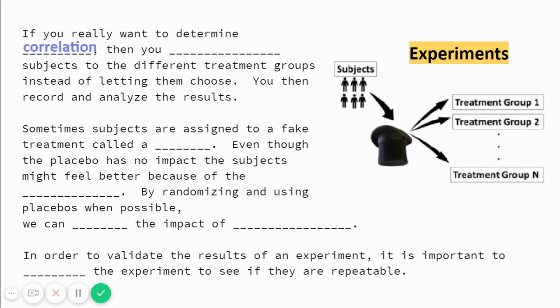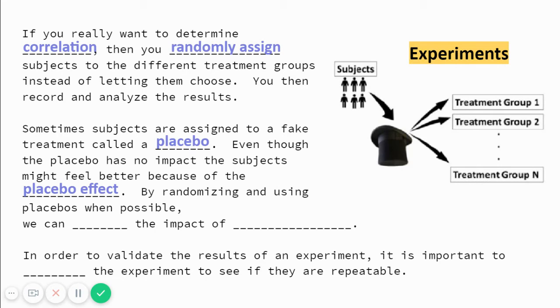Okay, if you really want to determine correlation, then you randomly assign subjects to the different treatment groups, instead of letting them choose. So we record that. Sometimes subjects are assigned to a fake treatment called a placebo. Even though the placebo has no impact, subjects still might feel better because of the placebo effect, which has been studied for more than 70 years.